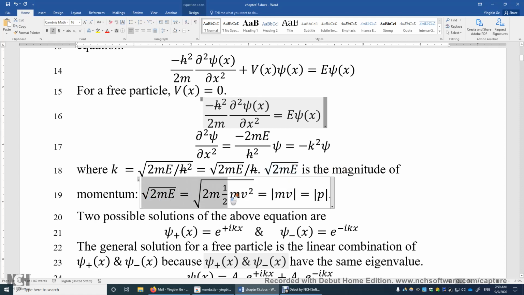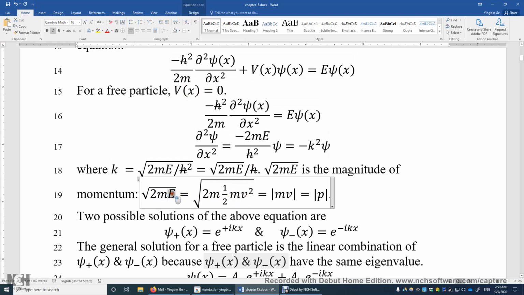You can look at this derivation here. Over here, 2mE is simply 2m times the energy. The square root of 2mE is simply the square root of 2m times the kinetic energy of the particle, because we have a zero potential energy, so this total energy is kinetic energy.